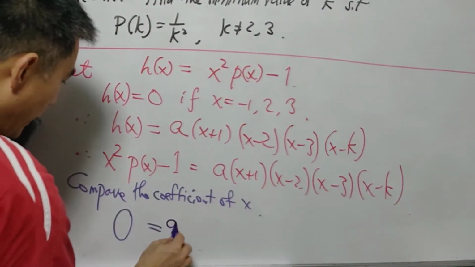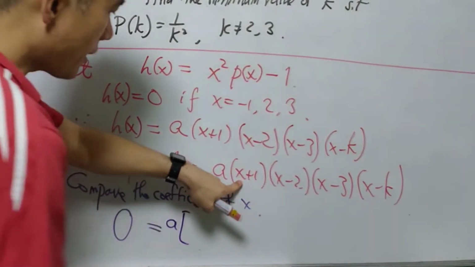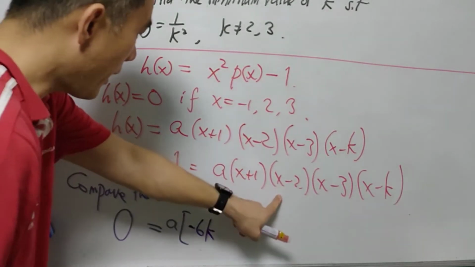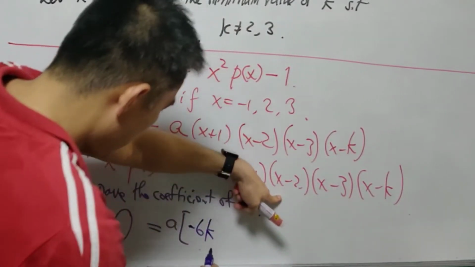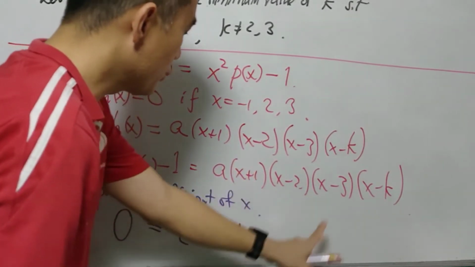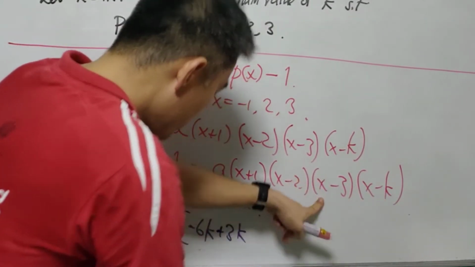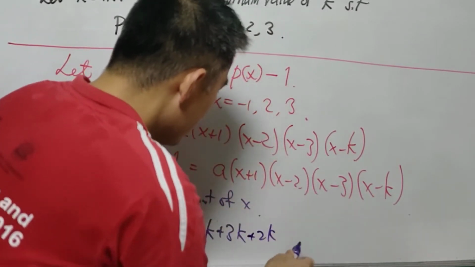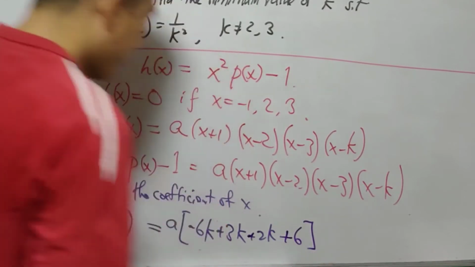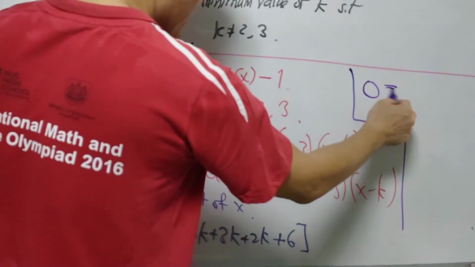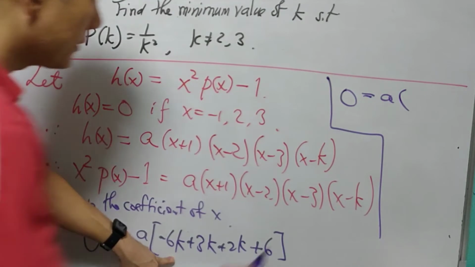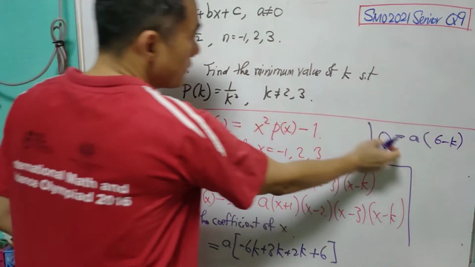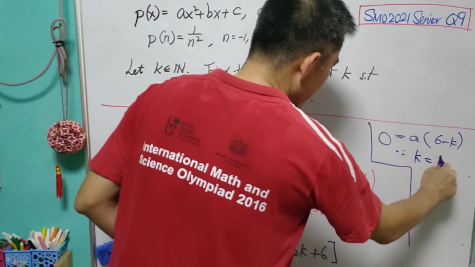So it will be equal to a. If we choose this as x, the other constant will be negative 6k. If we choose this x, the other constant will be 3k. If we choose this x, it will equal positive 2k. If we choose this x, it will equal a positive 6. It means that 0 equals a times (6 minus k). And since a cannot be equal to 0, therefore k must be equal to 6.